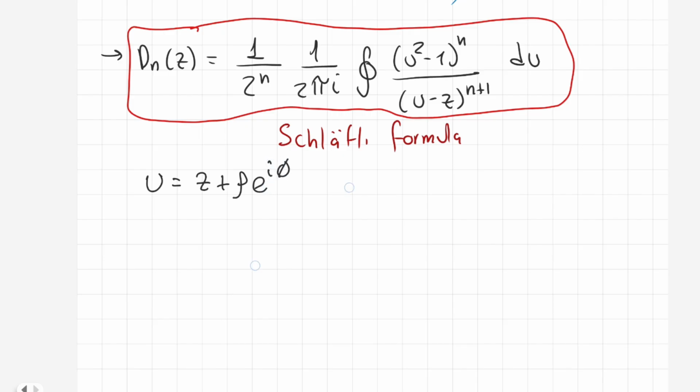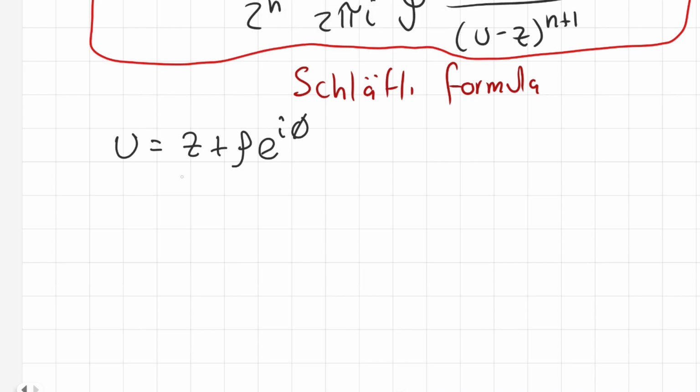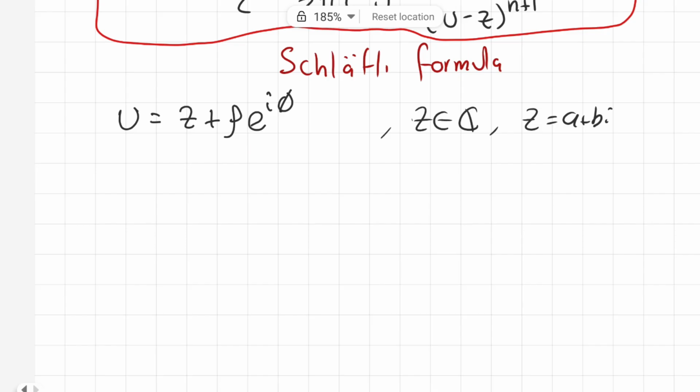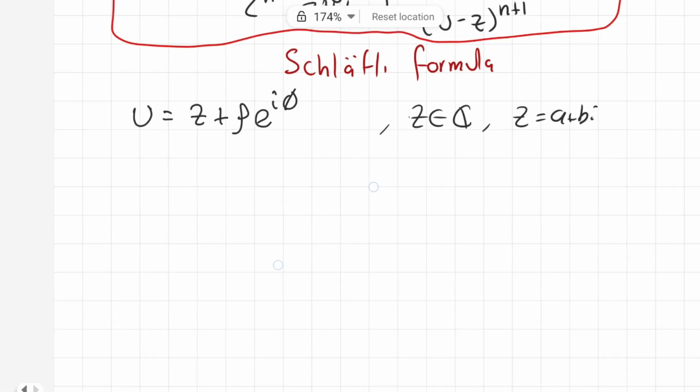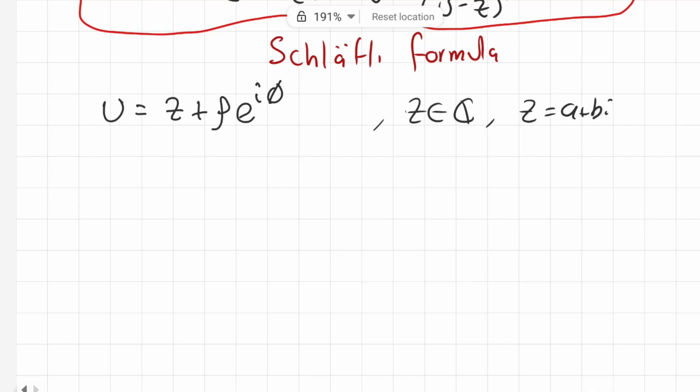With this change of variable, we are saying that we are locating u on a circumference that is centered at z, right? Because remember that z is a point on the complex plane of the form a + bi, and then we are going to generate a circumference of radius rho with the angle phi that parameterizes the circumference.